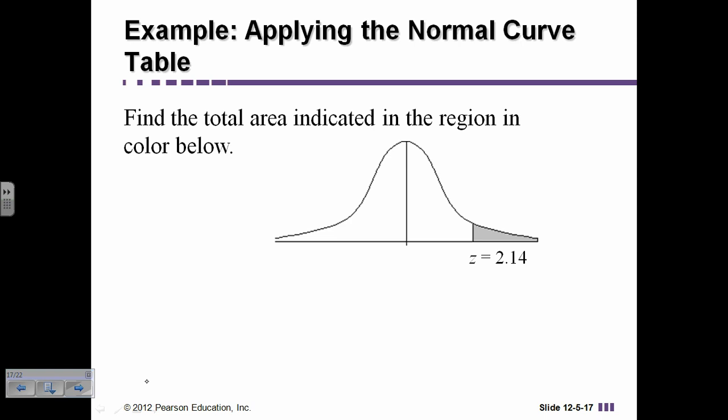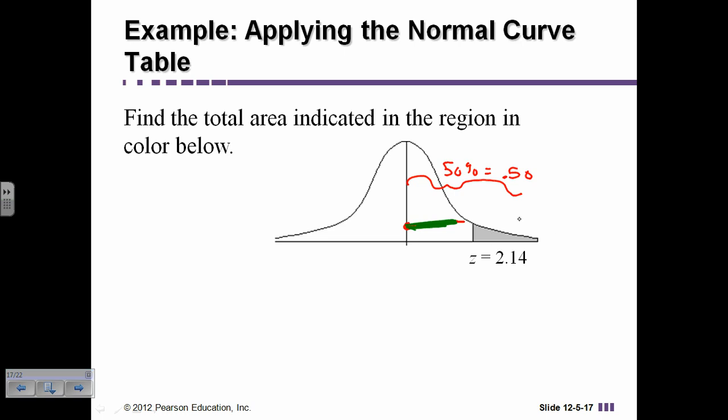Okay, so if I wanted to find the area of the region in the color below, now remember that when you're finding the values in the chart, you're finding out the percentage from the area, from the mean over to the right. So you're finding out this. If I want to know this part, I have to remember that the entire right side is 50%, or 0.50. So if I figure out what part I have right here, and I'll call it green, if I figure out the part in green, then if I subtract it from 0.50, I'll know the part that's shaded here.